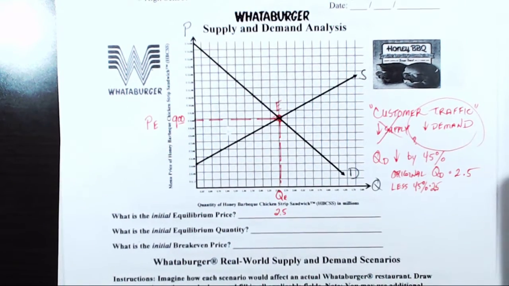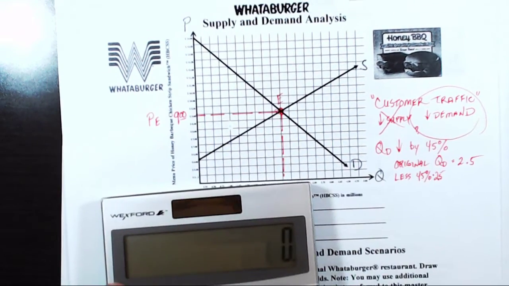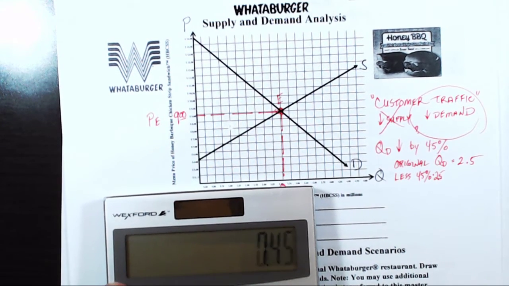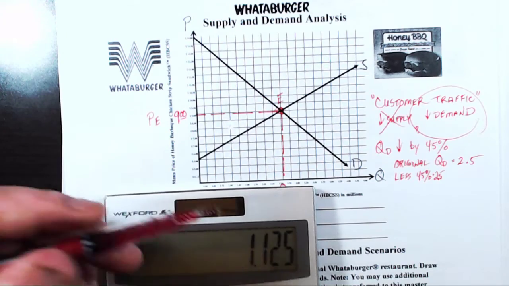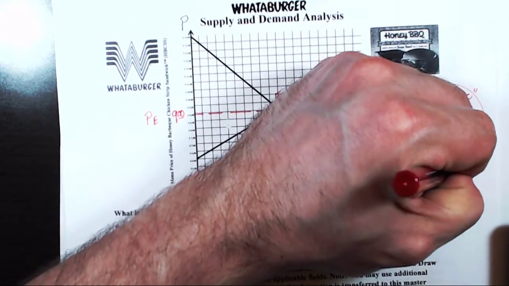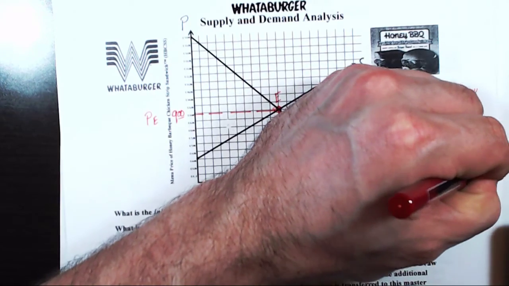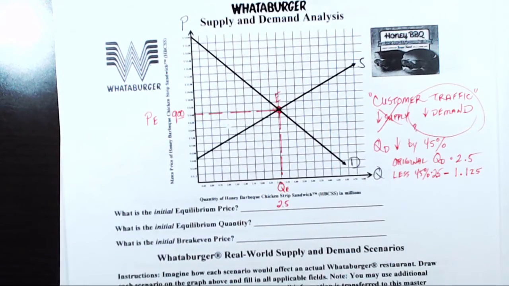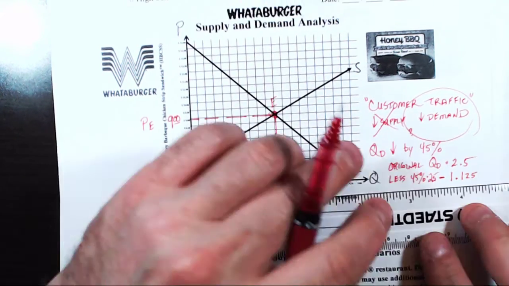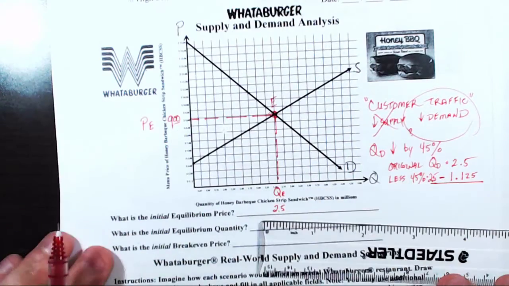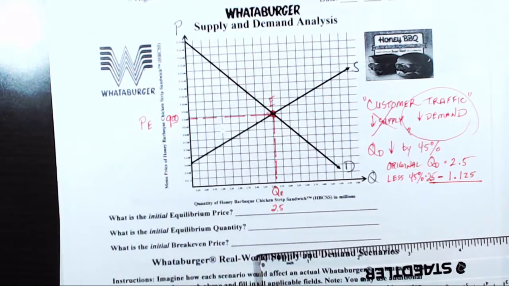So what we're going to do is multiply 2.5 times 0.45, and we get 1.125. So we're going to subtract out 1.125 million sandwiches because that was the drop in customer traffic. It was given to us as a percent drop, but we just converted it into the number of sandwiches.